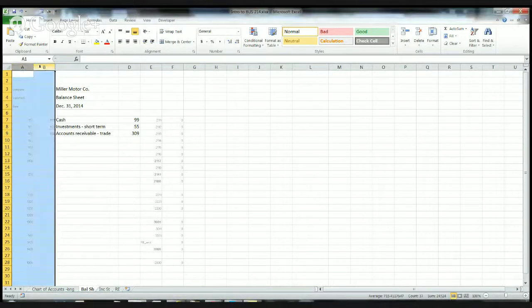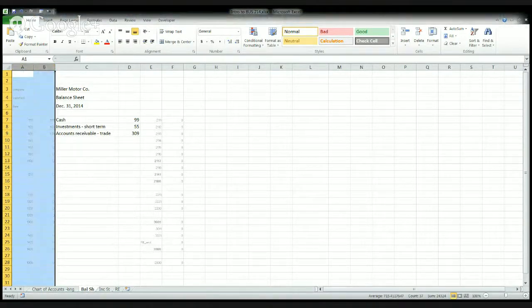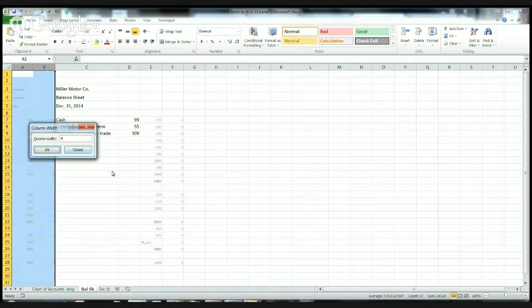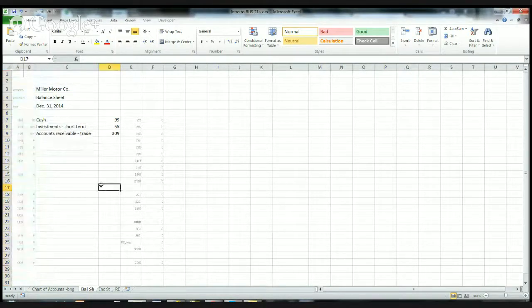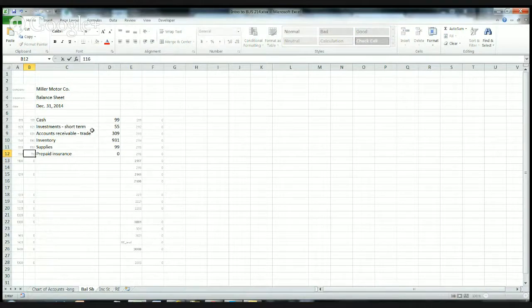I can drag that arrow across the cells and make this column width narrower. So we'll play with that. We'll learn a little bit as we go along. Inventory, supplies, prepaid insurance. And now I'm going to change that to prepaid rent for now.